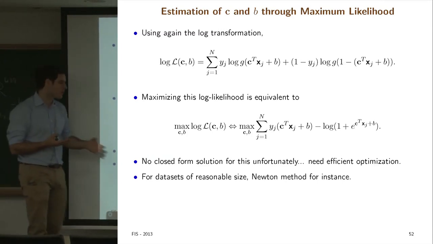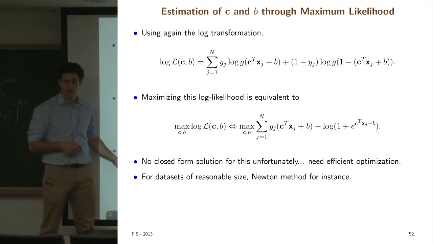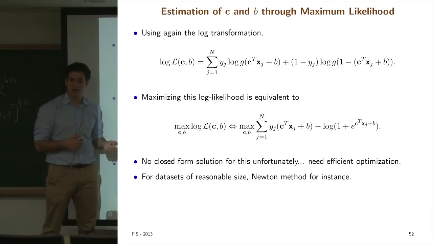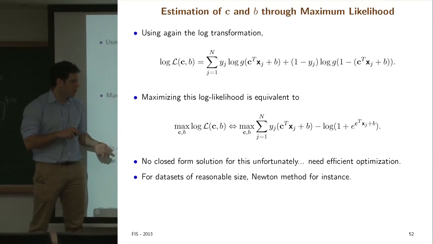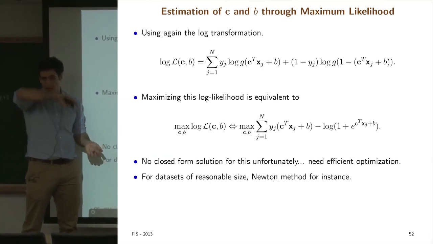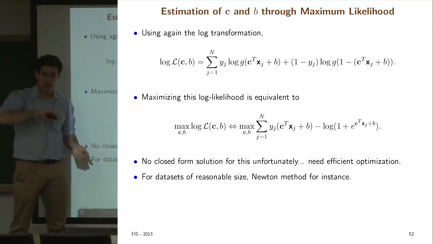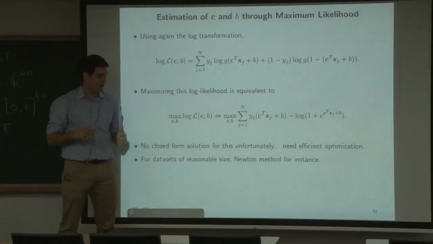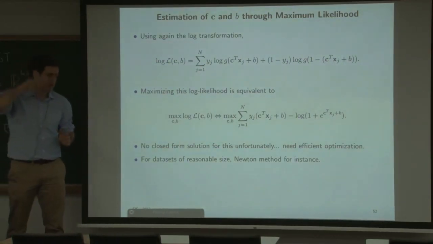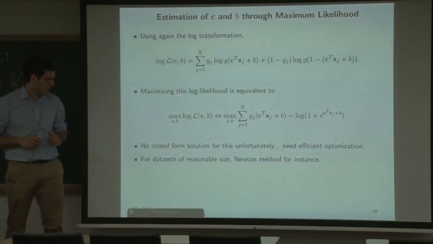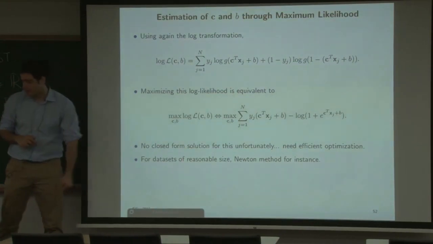Unfortunately, there's no closed form solution for this. We need to run an optimization algorithm that will look for values of C and B which maximize this. You can prove that this is a concave function that has this bell shape in many dimensions. And so you can try to find the top if you want. There are many methods that work for this.